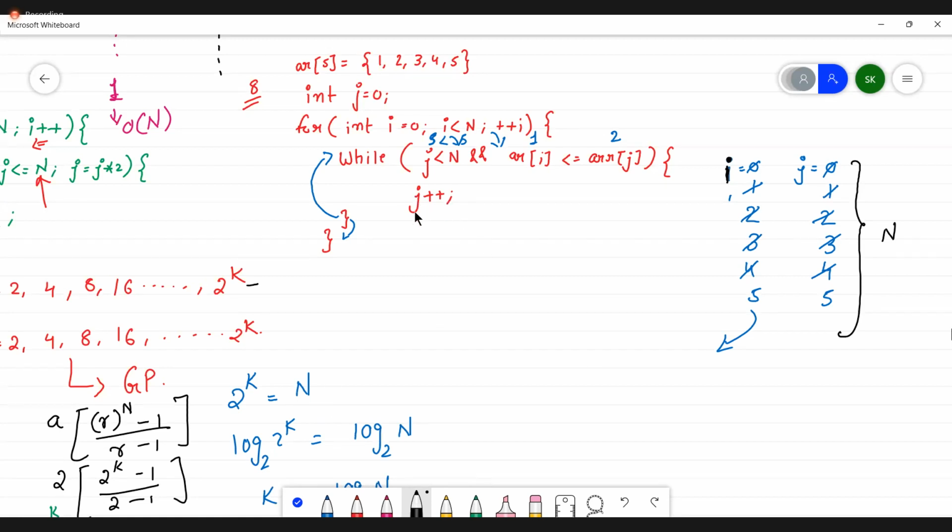Basically, your J loop is only running for n times once, and then it is getting stopped.